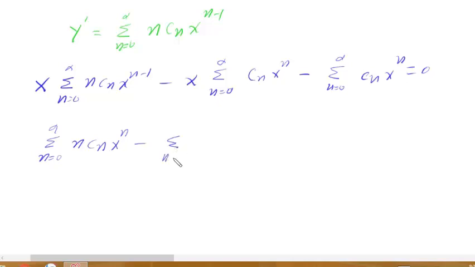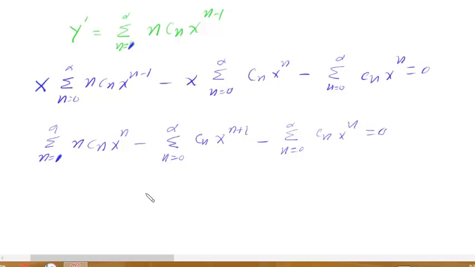And multiplying x into this, we can write the summation from n = 1, here this starts from 1, up to infinity of c_n x^(n+1), minus the summation of c_n x^n, is equal to 0.